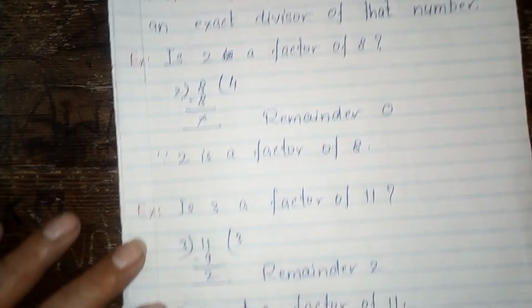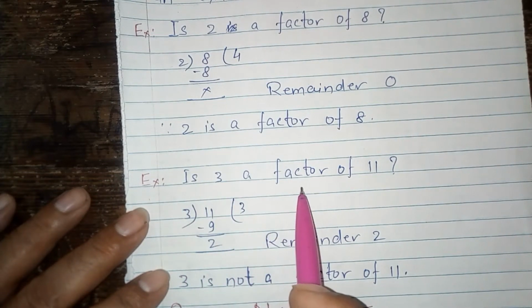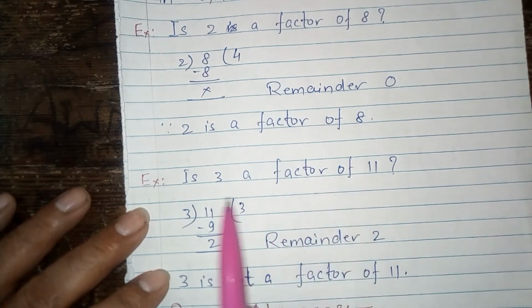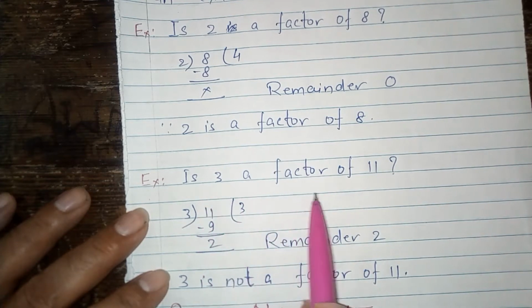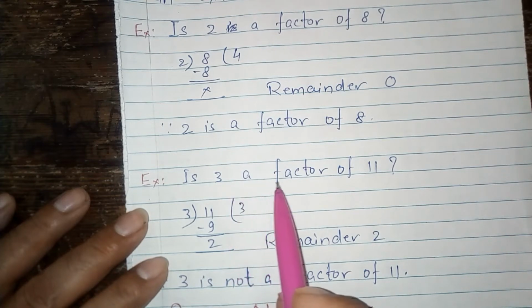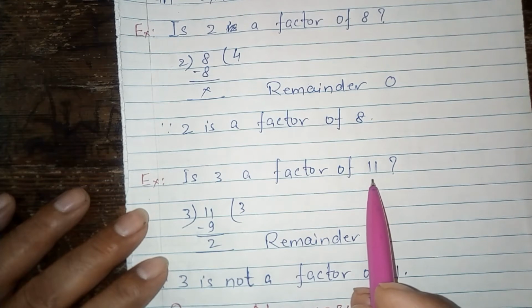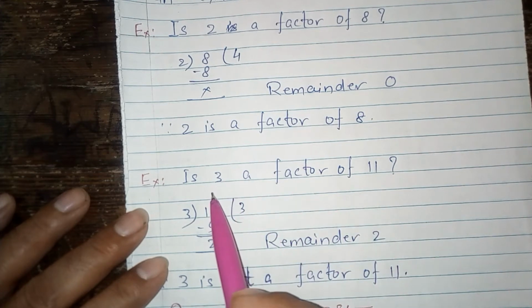I want to give one other example. Is 3 a factor of 11? In this example there are two numbers, 3 and 11. 11 is the bigger number, 3 is the smaller number.